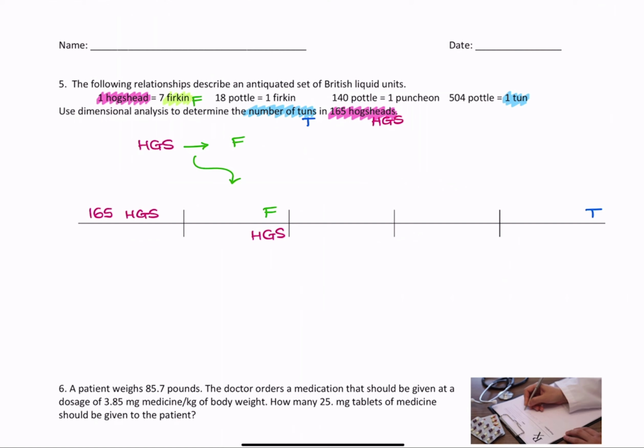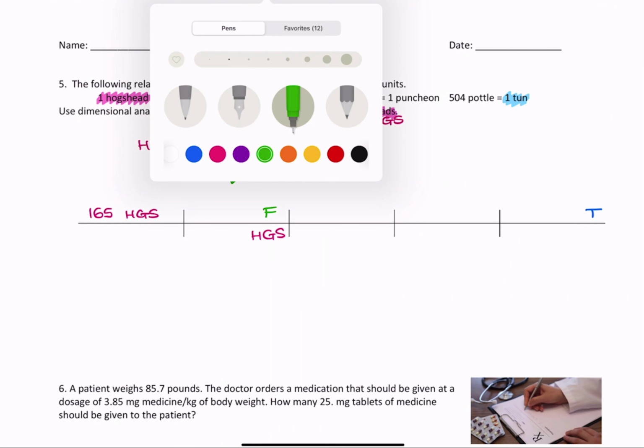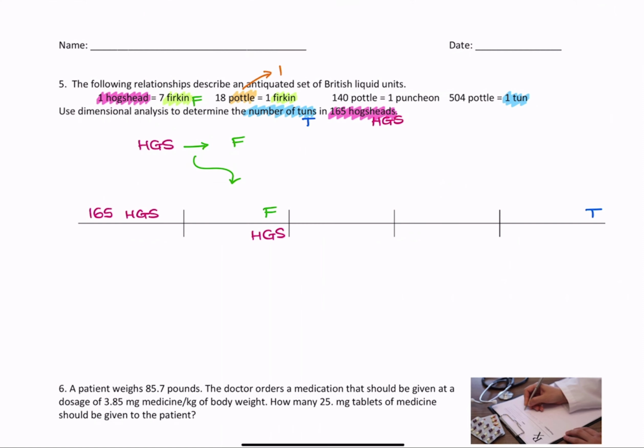And I'm just looking at units for now. Then, what do I see? I see that firkin are involved in only one relationship, and we get pottle. Not a problem. Therefore, my second step will be to go from firkin to pottle. So I'm going to convert firkin to pottle, and I'm going to cancel the firkin.